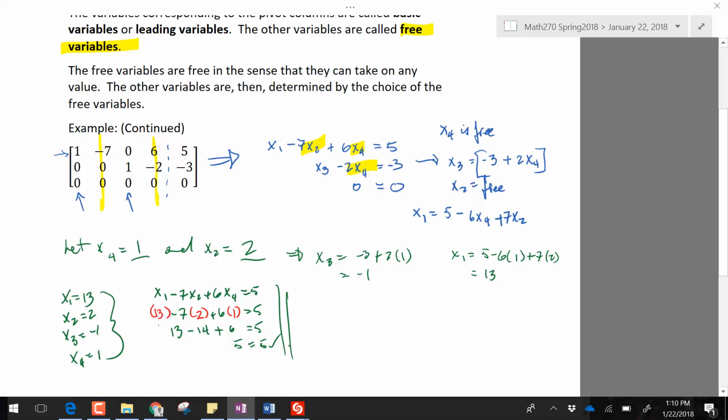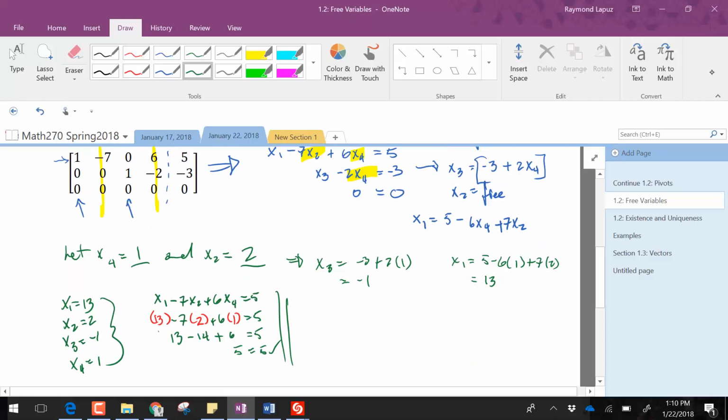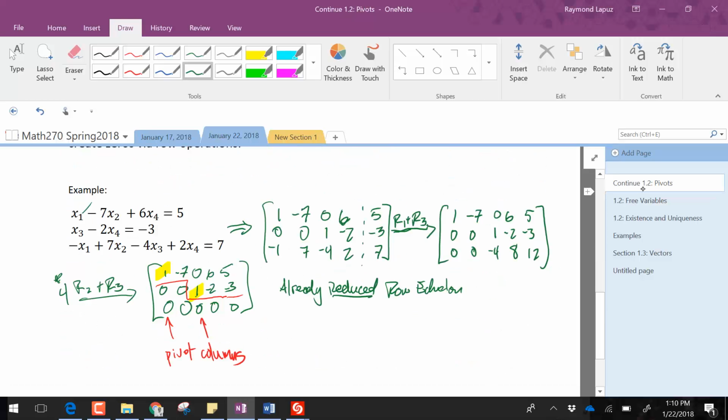There are 3 equations, so there are 3 equations to check. I think the other equation looks the same as what we have. We didn't change it. So x3 minus 2x4 is equal to -3.